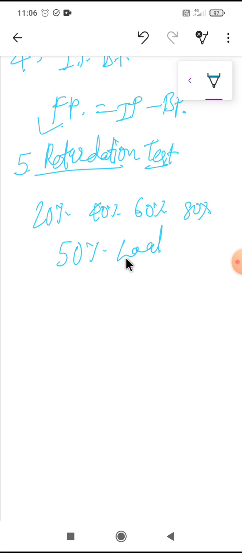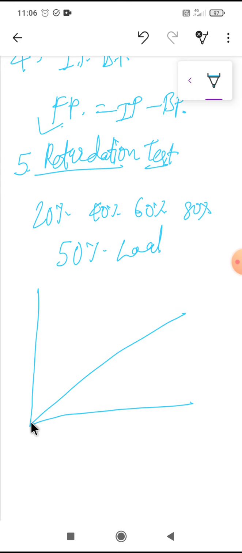The values are tabulated in a table, and a graph is plotted connecting them. So we'll get such a graph. This is for no load and this is for 50% load. On the y-axis it is speed and on the x-axis it is time.